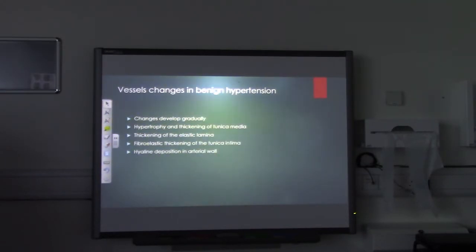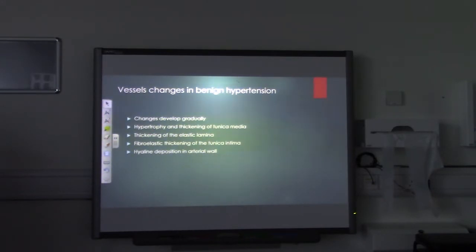Vessel changes in benign hypertension. Changes develop gradually, with a slow increase in blood pressure over time. We will get some hypertrophy and thickening of the tunica media, and if you did your pre-reading for this topic, you would have looked at the structure of the arteries and the tunica media.